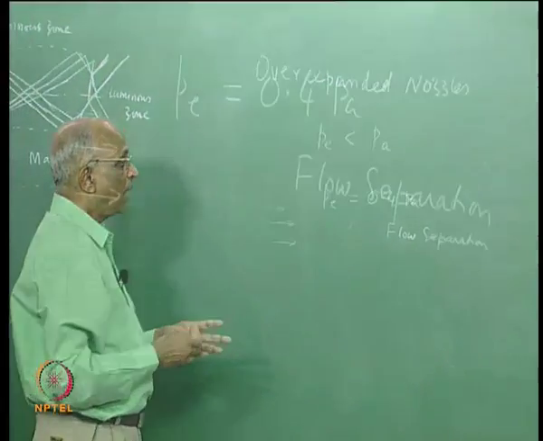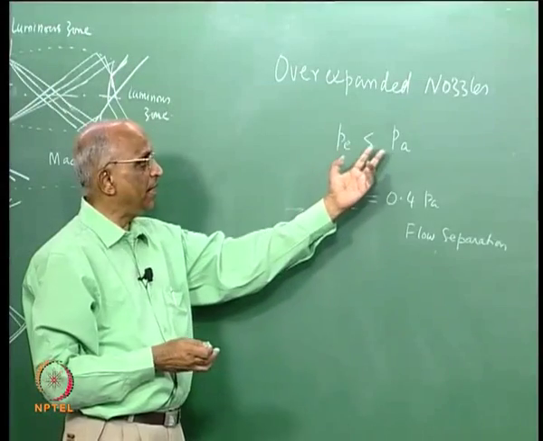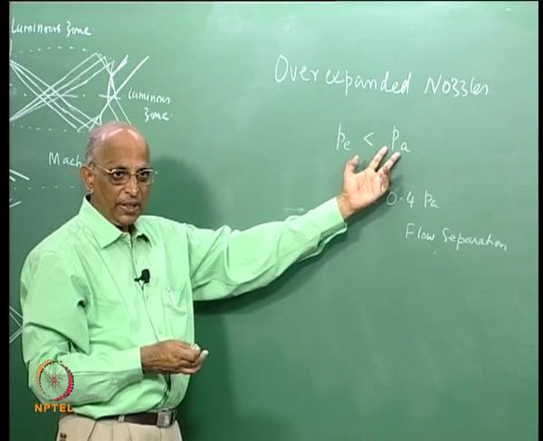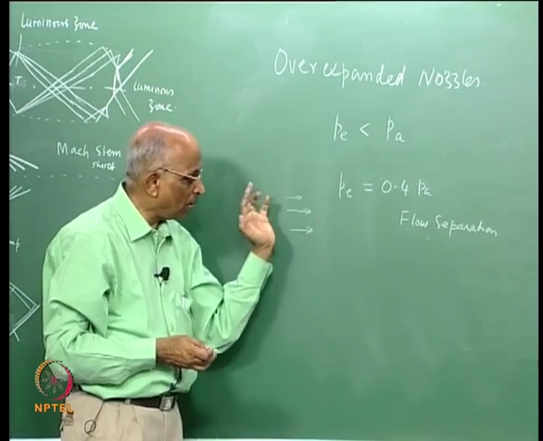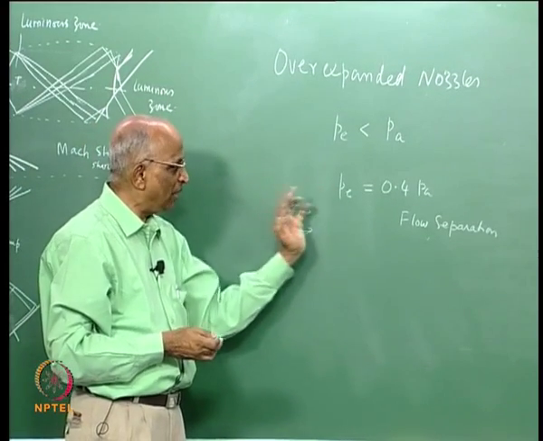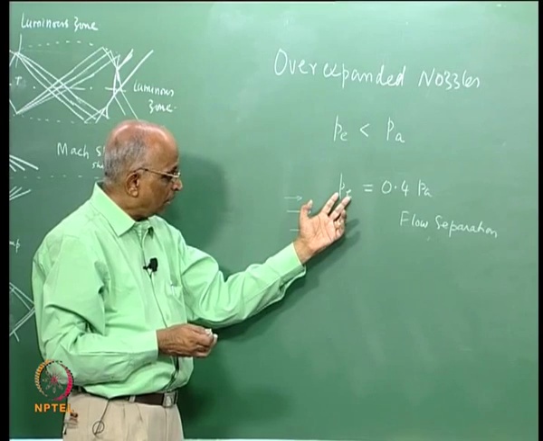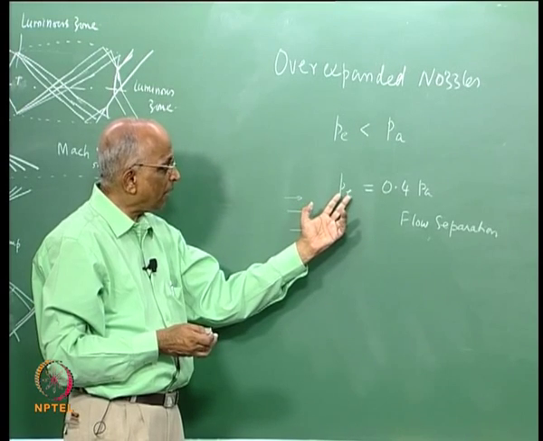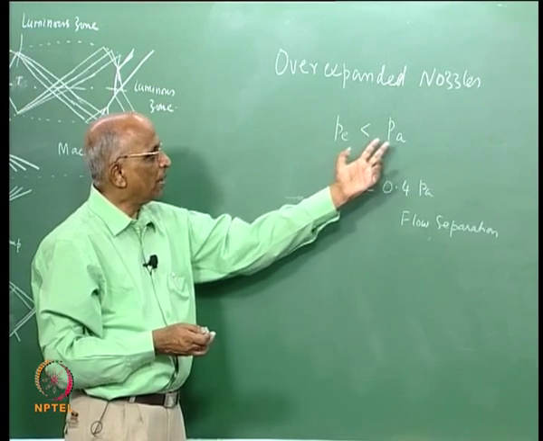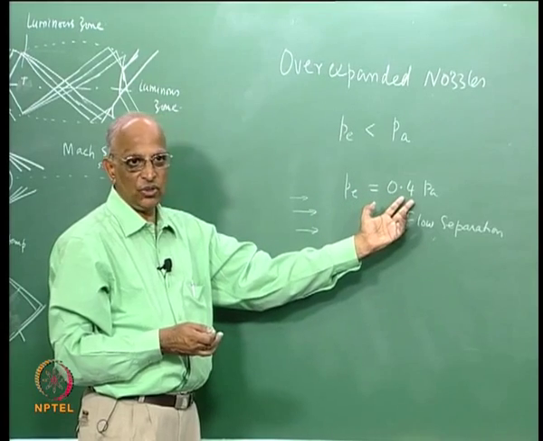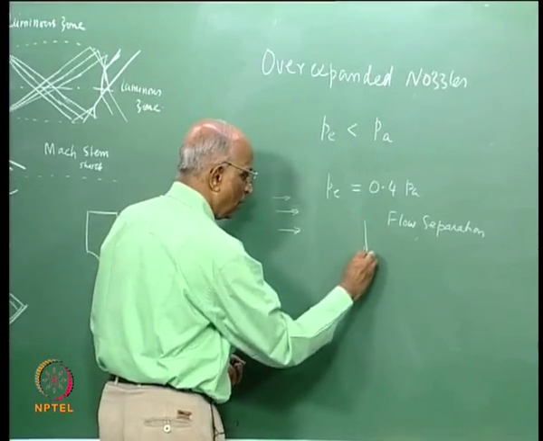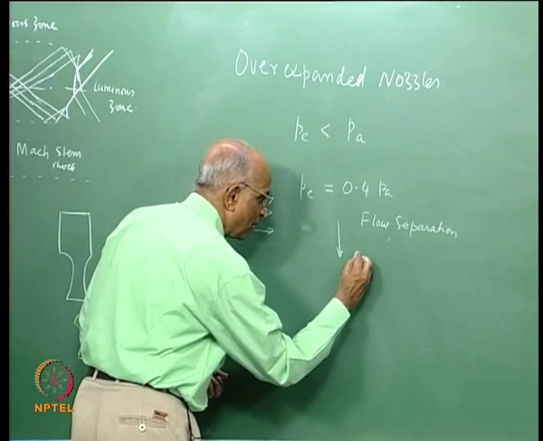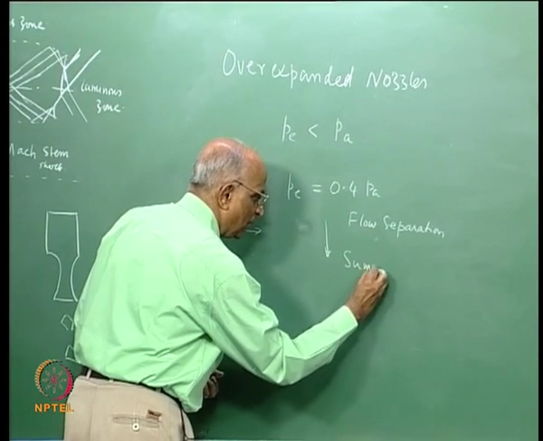Even though ideally I said PE equals ambient pressure, experiments have shown that because of the inertial forces already available, the rocket nozzle can operate at a much lower value of PE compared to PA, and this value is 0.4 times, and this condition was devised by Summerfield and it is known as Summerfield criterion.